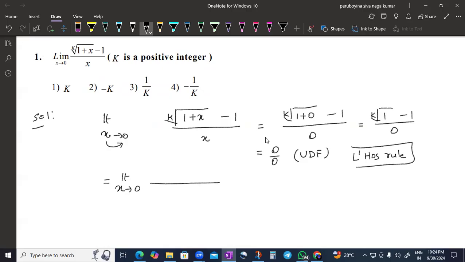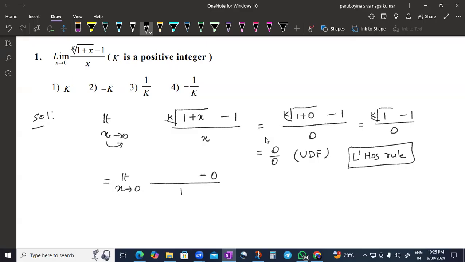What does it say? It says differentiate. If it is a fraction, differentiate numerator and denominator separately. So what is the x derivative? 1. That will be written in the denominator. What is after minus is also a 1, and a constant's derivative, you know, is 0.